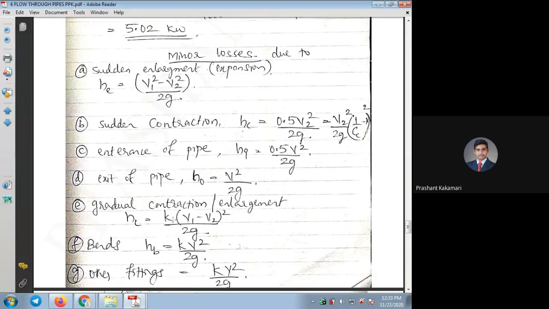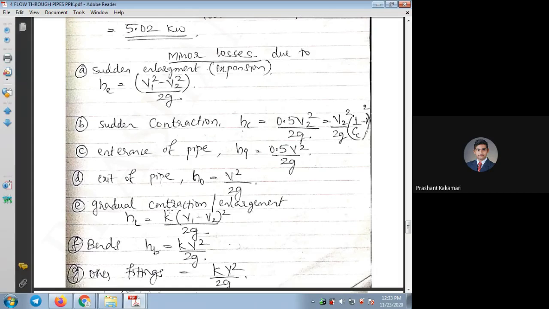This K value should be given in the problem, or we have to find it from the changes in the areas, using the contraction coefficient, Cc value. V1 and V2 depend on the direction, because here I didn't tell you whether the equation is for contraction or enlargement.